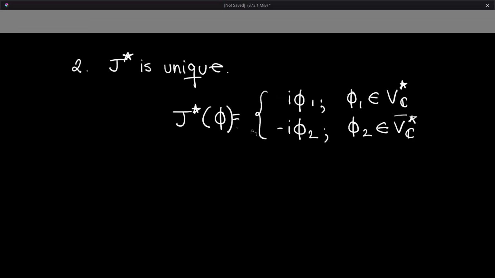We'll show that as long as you assume J star is a complex structure on V star cross C, that fact alone means it will have to have this action. So that means there's only one possible complex structure. That's what we're going to try to show.